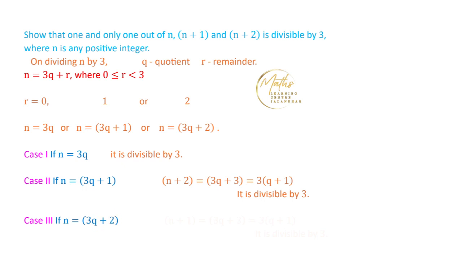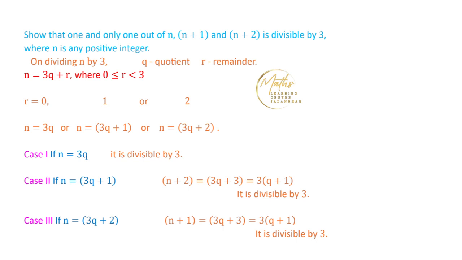So if we now calculate the number n plus 1, it will be equal to 3q plus 3. And this number 3q plus 3 we can write in the form 3 times q plus 1. So it is divisible by 3.